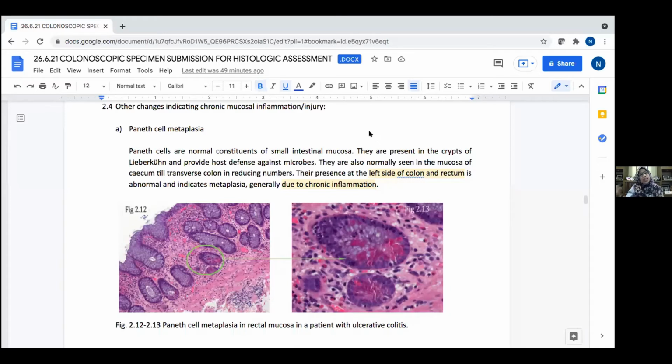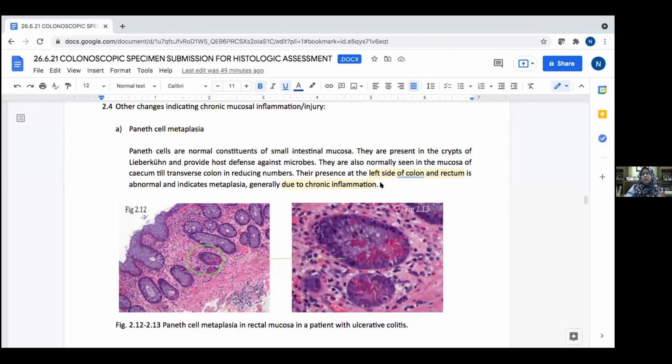Okay, so continuing on Paneth cell metaplasia in children, especially younger children, you can sometimes see occasional Paneth cells in the left side of the colon and rectum. So finding Paneth cell metaplasia in children, you have to take it with a pinch of salt.